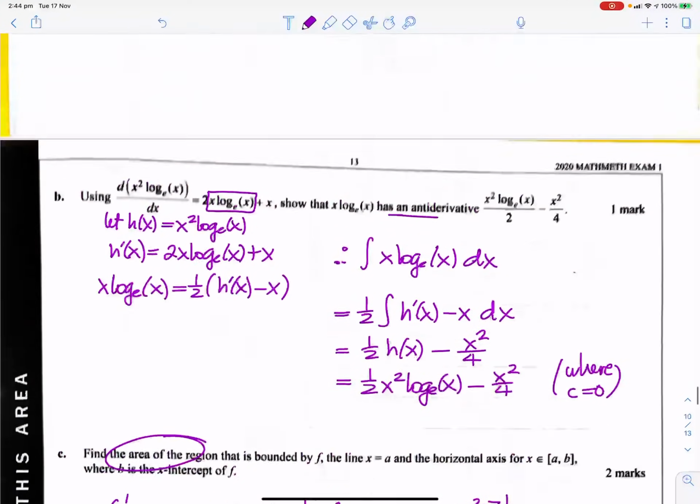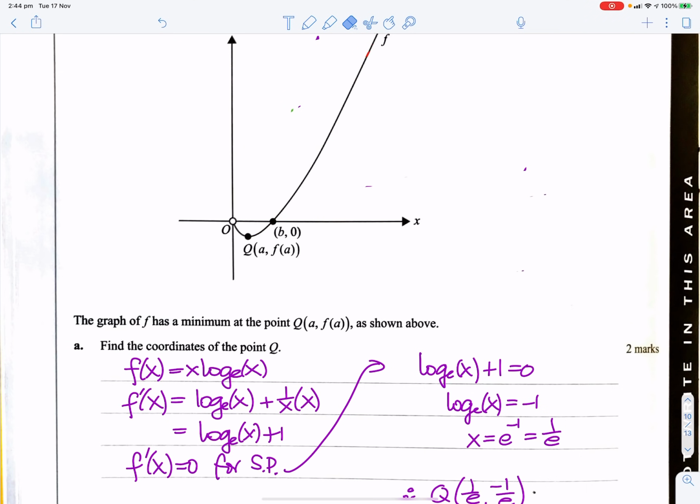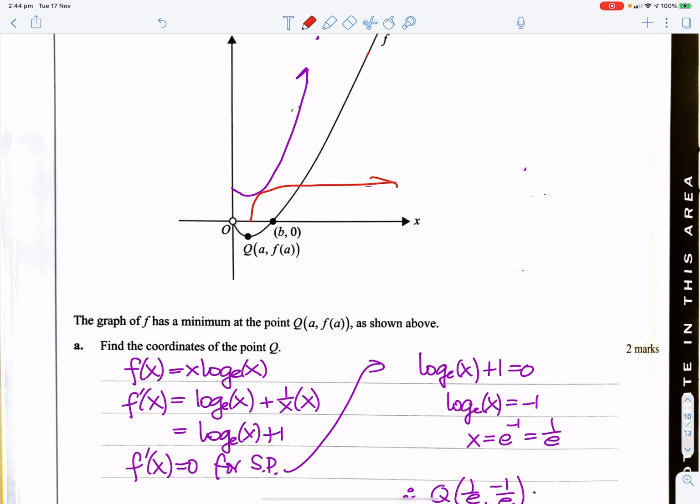So when k is equal to 1, that would be when this graph and then this graph would just touch.